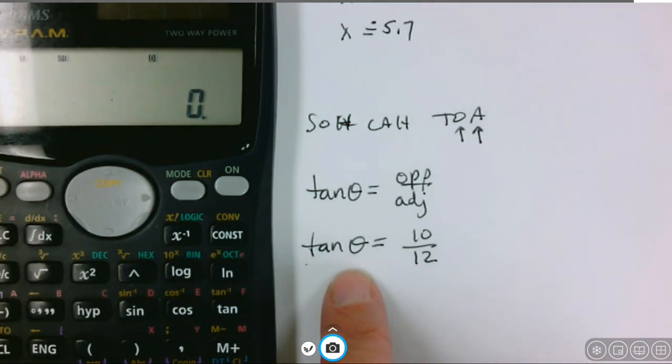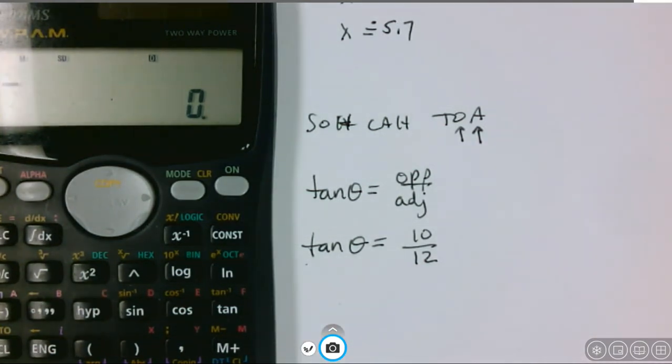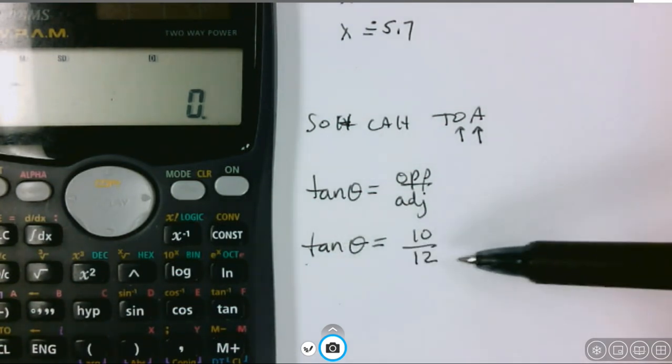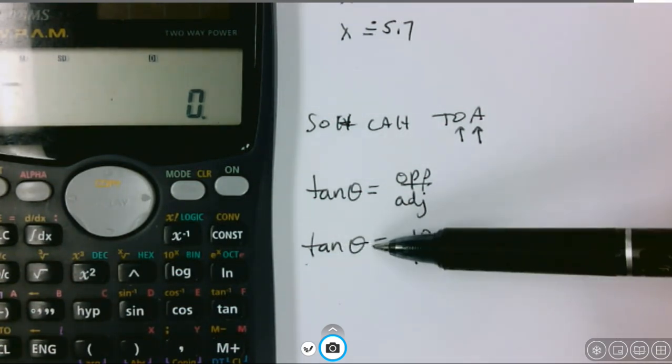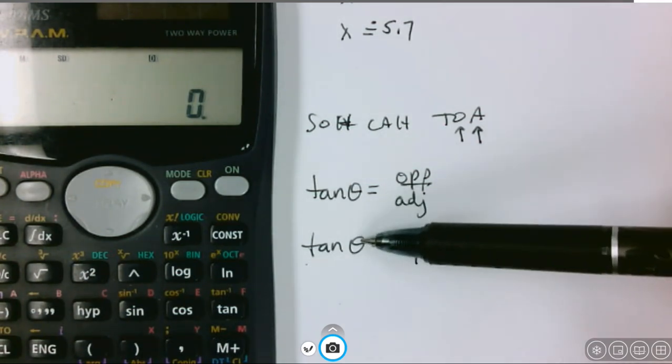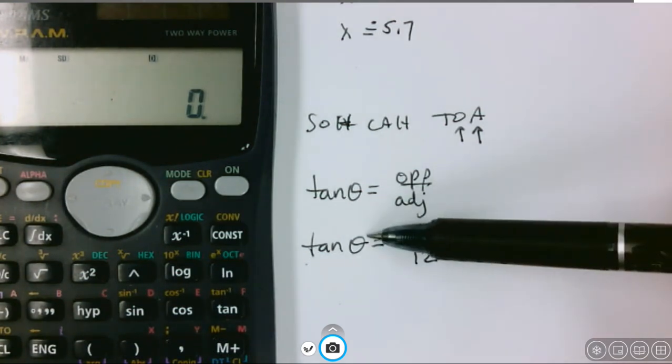Since I don't know the number, I can't do anything with this. So we have a new mathematical function called tan inverse. If we know the trig ratio but we don't know the angle, then we undo the tan on this to get the angle.